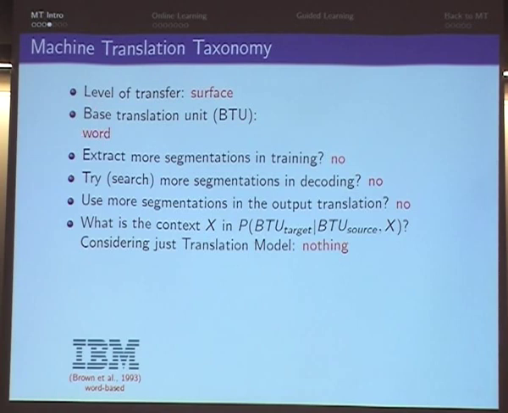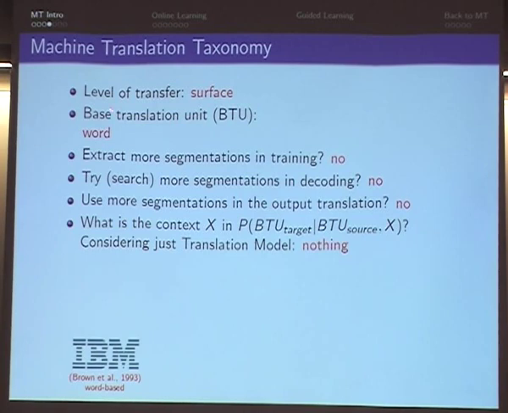So it was based on translating one word to one word. Actually, it was possible to translate one word to more words, but the base translation unit was the word. No linguistic analysis was done. Actually, there were some, for example, some phrases were merged together in the pre-processing step, but not in a general way.